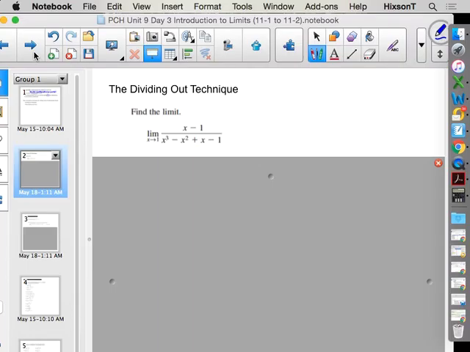Here we have a case where it says find the limit as x approaches 1 of x minus 1 over x cubed minus x squared plus x minus 1. Okay? So initially, you're looking at this problem and considering what we learned yesterday with our limit theorems, you say, well, great. We have a rational function. There's a polynomial on top and a polynomial on the bottom.